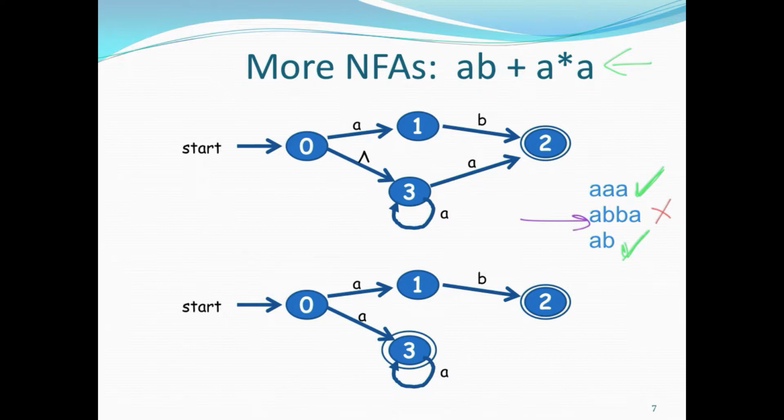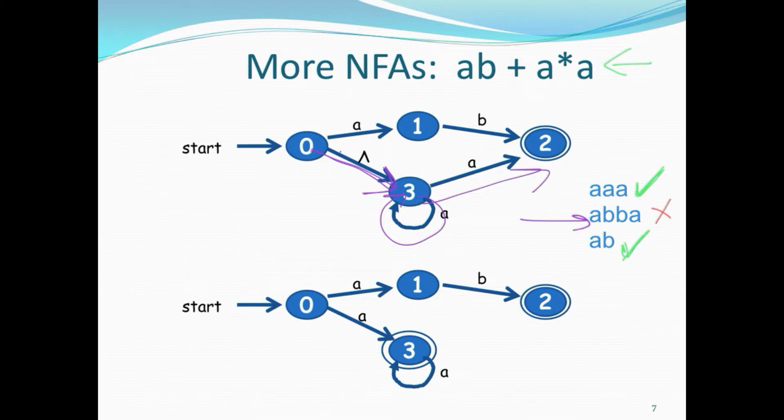If we're on the top NFA, one option is we start, and before we even do anything, we take that free lambda jump. And then we see A, B, B, A, so maybe we do that A first. Oh, but if we do that A first, there's no B, so there's nowhere to go, so we lose. So maybe what we did is take the lambda and then that A, but again, there's no B, so we can't do it.